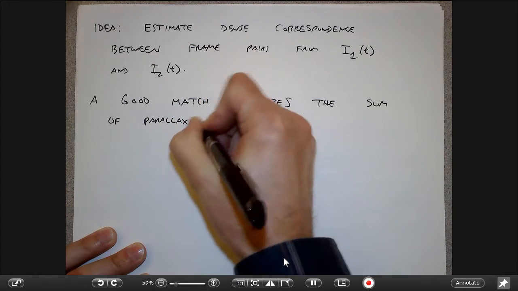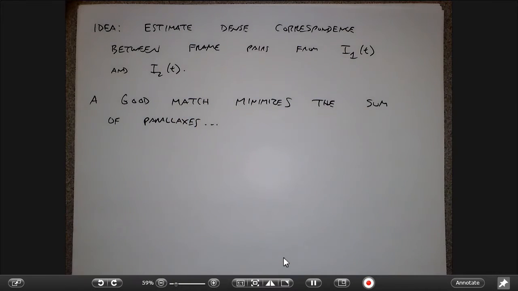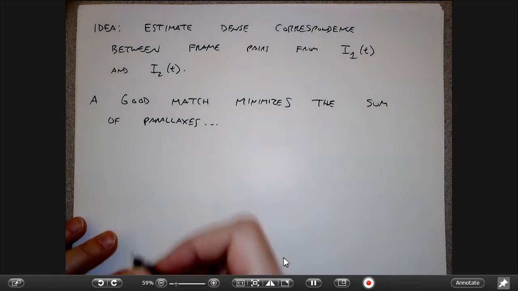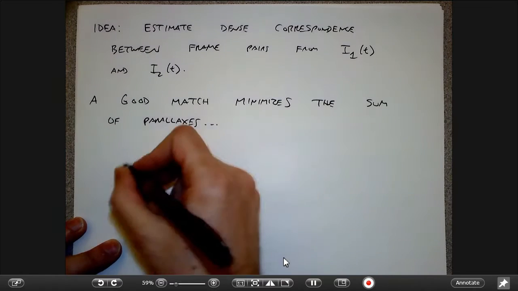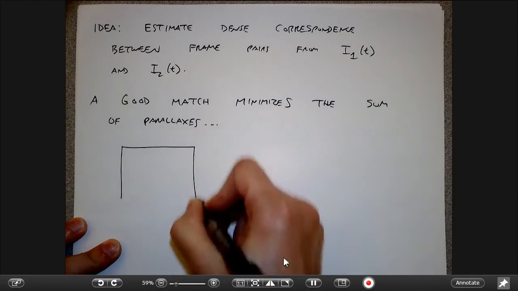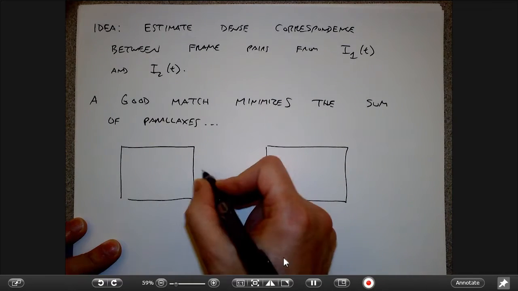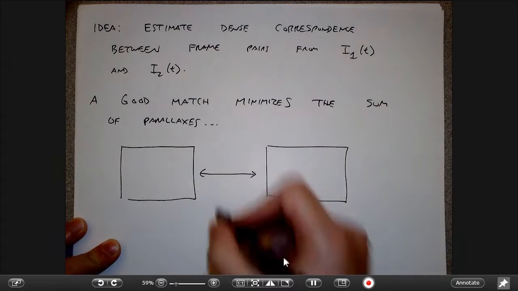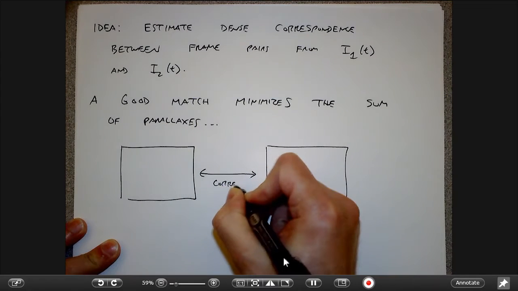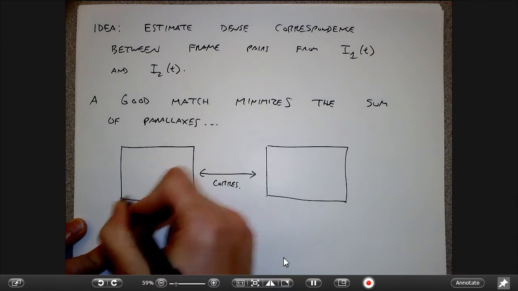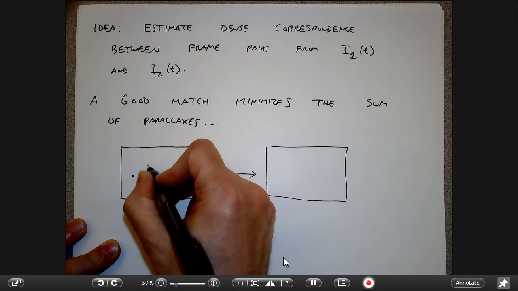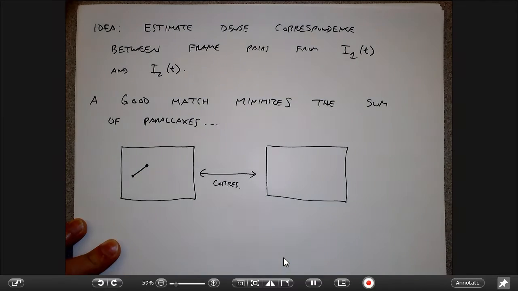And that's a word we haven't used before. What that means is, I look at image 1 and image 2, and let's suppose I have a correspondence between them, okay? This could come from an optical flow field. So let's suppose I take 2 points over here, and I look at their distance.